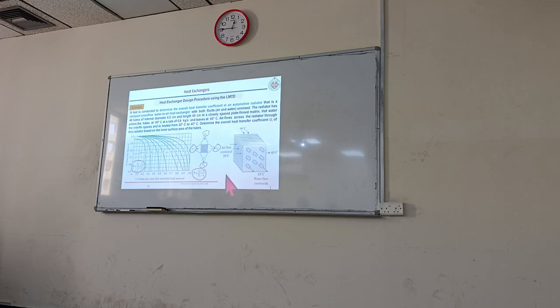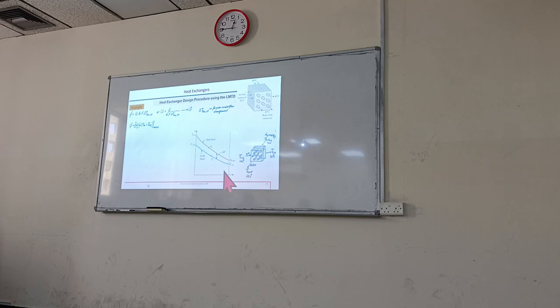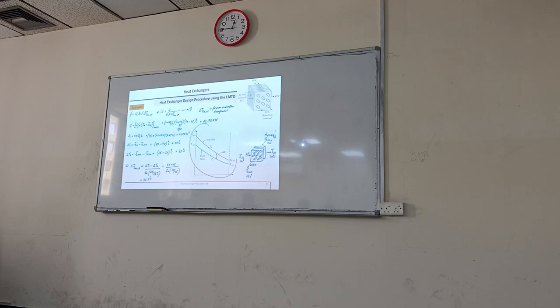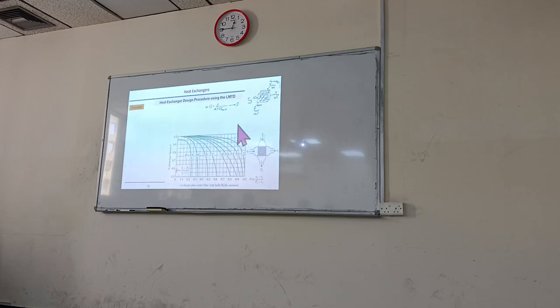That's what we have discussed. Delta TLM as a pure counterflow. Actually, it's not counterflow. That's why we have to use this one. So here we need these two factors. Small t is for hot fluid, capital T for cold fluid.